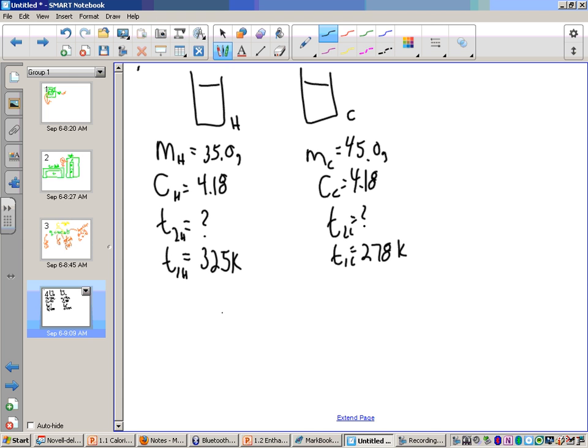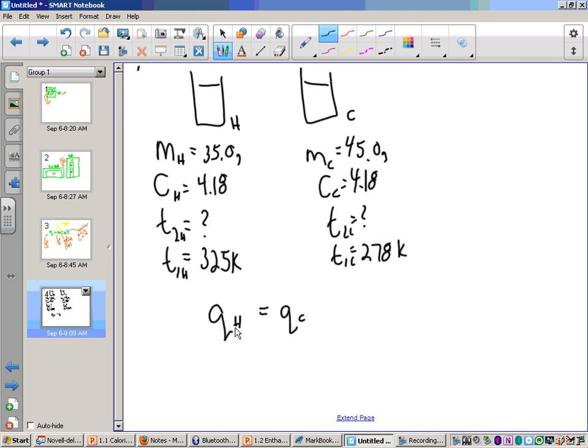Well, essentially, the Q of the hot, the amount of heat that is given up by the hot, is going to be equal to the Q of the cold, the amount of heat that is accepted by the cold. That's the law of conservation of energy right there.